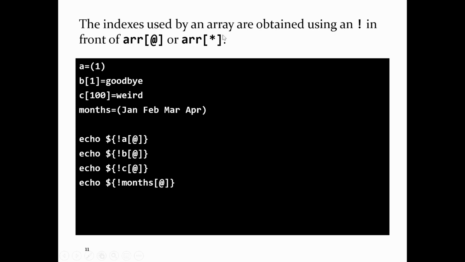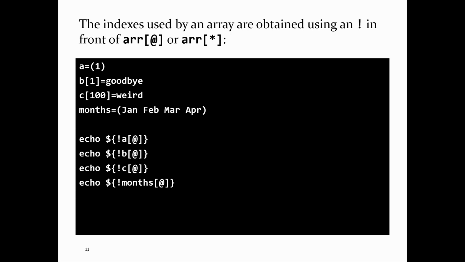Now, because you don't have to start indexing at 0, you may want to get the indexes that are actually used by the array. To get the indexes used by the array, you use the exclamation mark in front of the array name, followed by the square brackets, followed by @ or star.